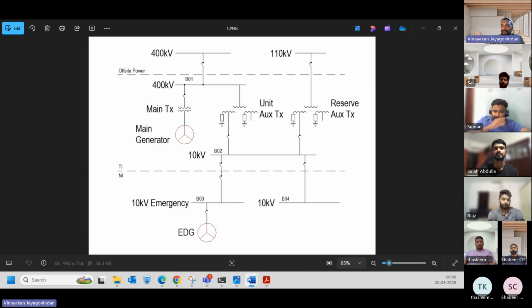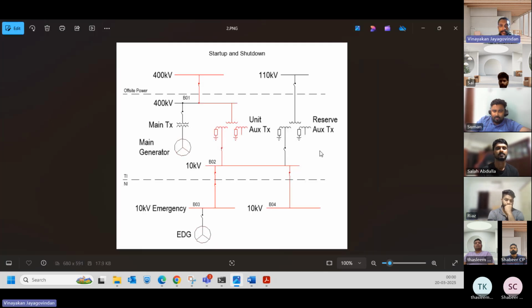Let me show you each scenario. When starting up and shutting down the nuclear power plant, we are using the power from the offsite power supply.